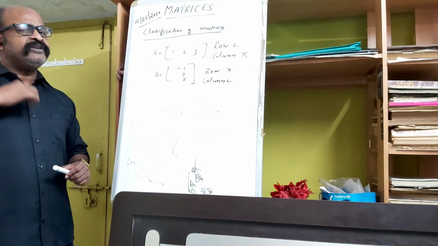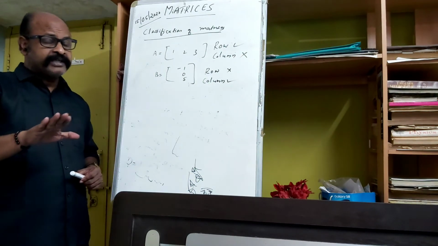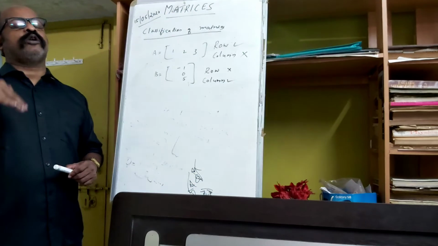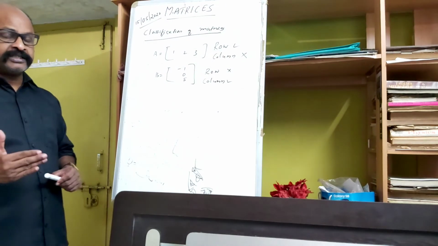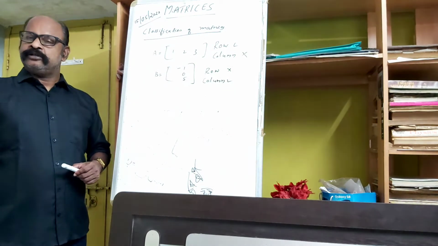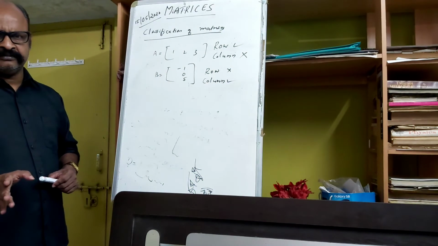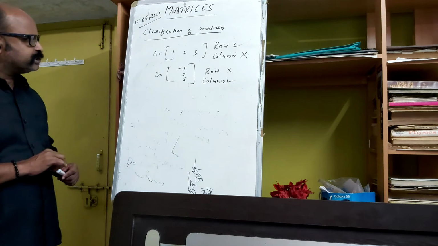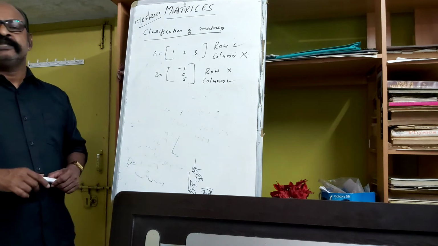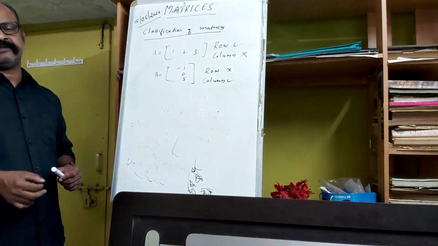Can we say that there is no row matrix that is a column matrix, and no column matrix that is a row matrix? Or in short, is it possible to find a matrix that is a row as well as a column matrix?